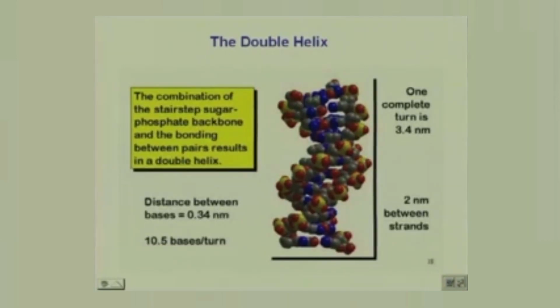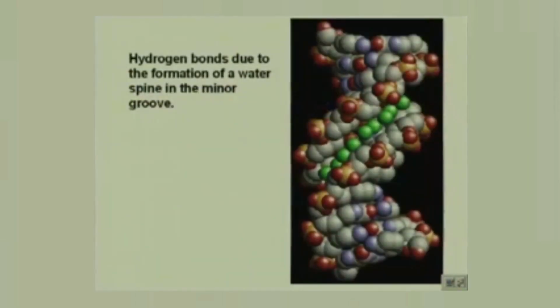Okay, so these are the essential features of the double helix. Apart from the Watson-Crick base pairing, which is extremely important in its structural aspects, we also have considerations of the major groove and the minor groove, what is called the pitch and what is called the distance between the 2 strands, which is constant because the complementary base pairings are constant. Okay? So these are the features that we have to consider.